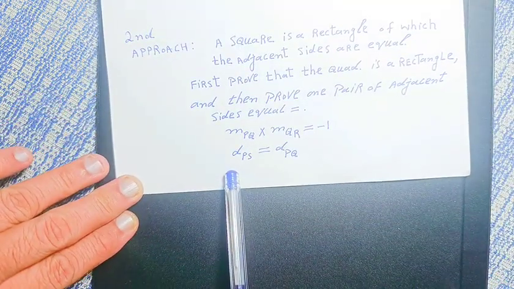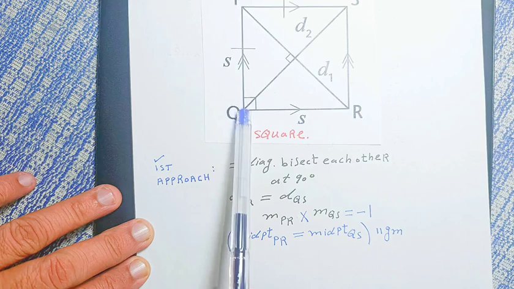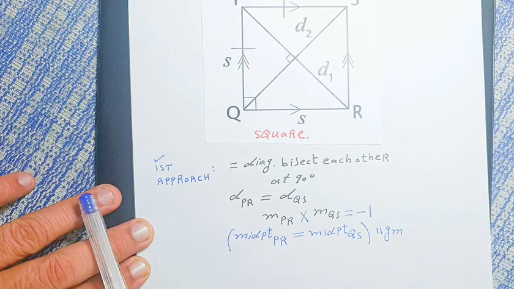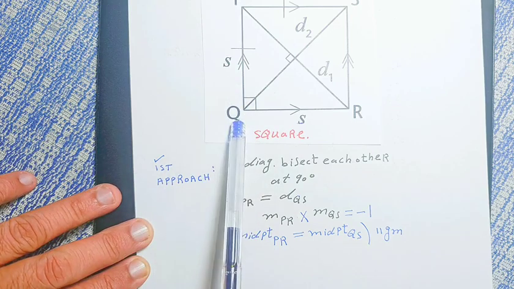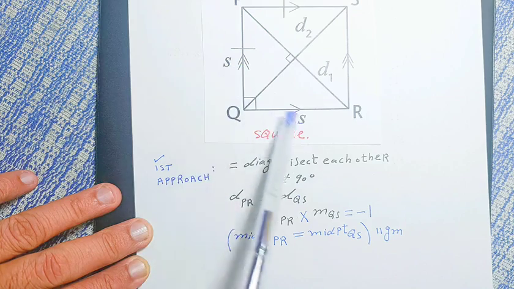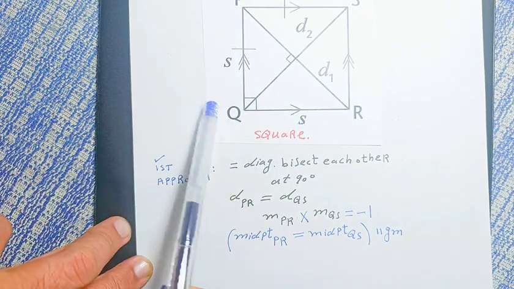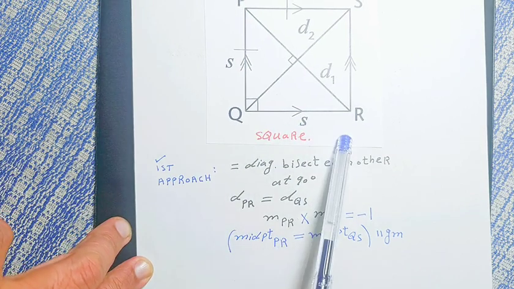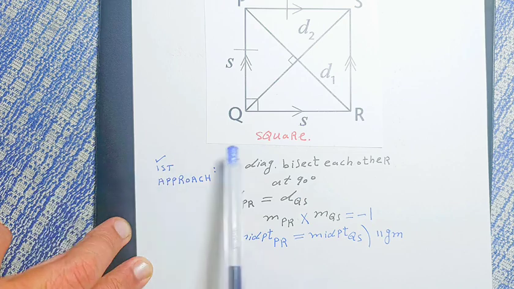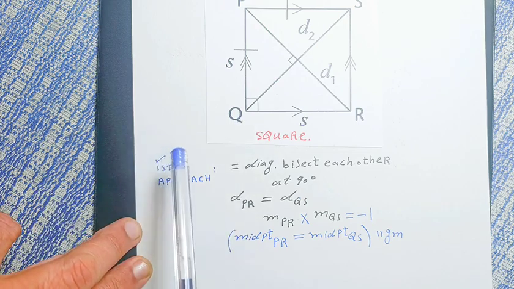In that case, we have to prove that any one of the corner angles must be equal to 90 degrees. So if I want to prove angle Q is equal to 90 degrees, I'm going to take these two adjacent sides. I take the gradient of PQ multiplied by the gradient of QR, which must be equal to -1, which means angle Q is going to be perpendicular.